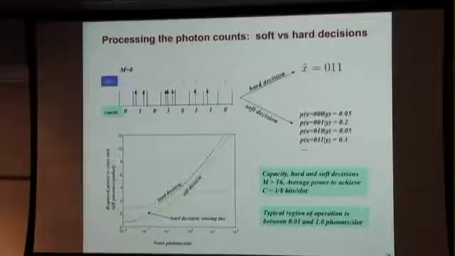When you're processing the data, there's a subtlety. I showed you basically just counting up whether you saw a pulse or not, kind of just making an ad hoc decision. I converted this to a 1 or a 0 based on sometimes I saw 1, sometimes I saw 2, sometimes I saw none. In general, you should do soft decisions, which is depending on how many counts you see, how many Poisson events you see in a slot.